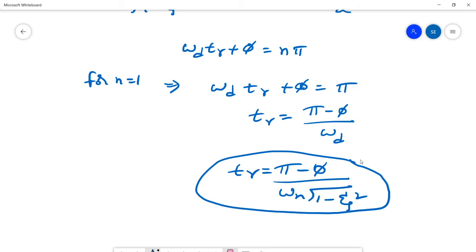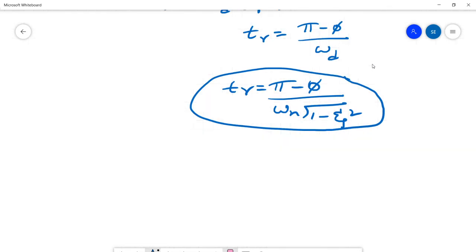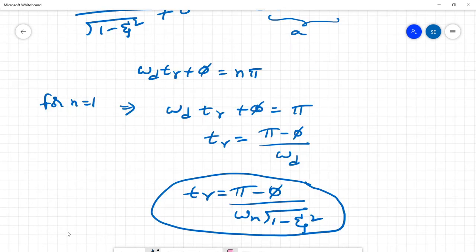Remember this expression. In the exam they may ask you to derive this, or they may ask numerical questions on this. So this is how we derive rise time. Now, what is phi here? We'll go there and observe what phi is.